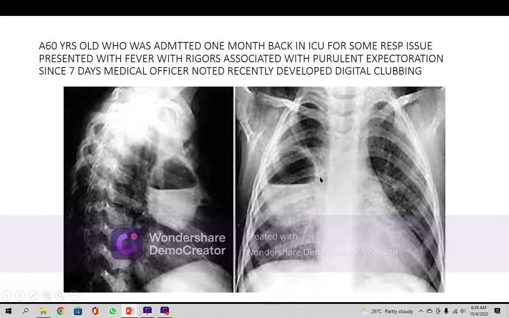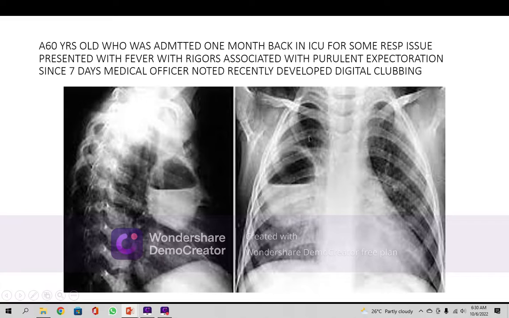Now, if you look at the border of this opacity, it is just like this, going up and down, and here the border is this. Down here, there is slight, you can see the congestive changes, non-homogeneous type, in this part.